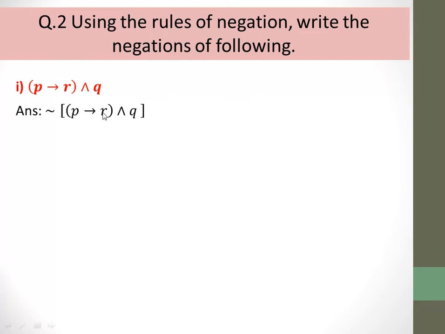The first bracket is P implies R, and this is and Q. Consider this as one statement and this as the other statement, joined by and. Whenever there is and, we have to use De Morgan's law. So by De Morgan's law, what will you get? It is the negation of this, and becomes or, and then negation Q.